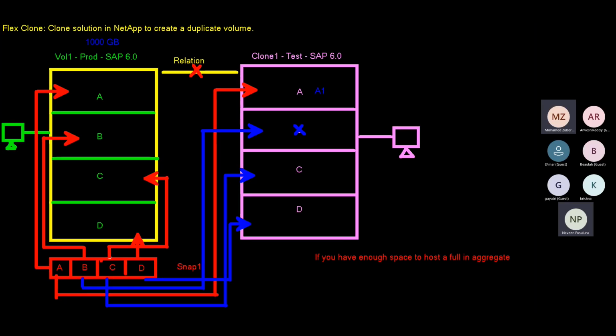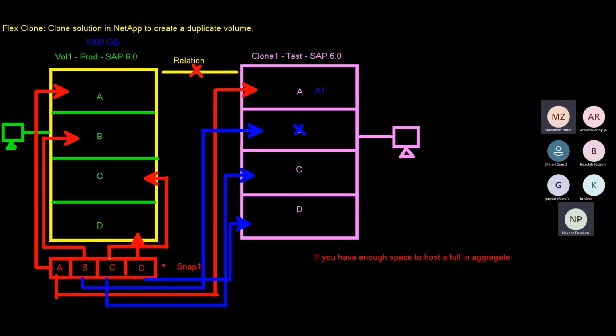And I have this snapshot on my production volume, right? So as the snapshot on the production volume keeps growing, it might impact the capacity on my production volume. There are chances. So that is the reason I'll recommend you to split the clone if you have enough space on your aggregate.